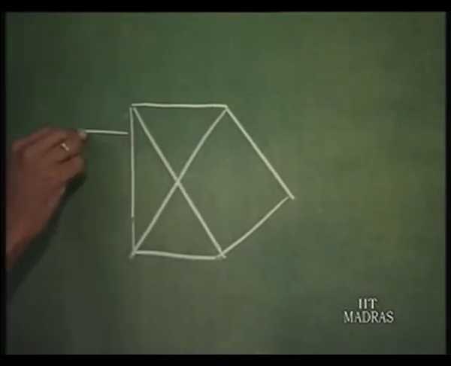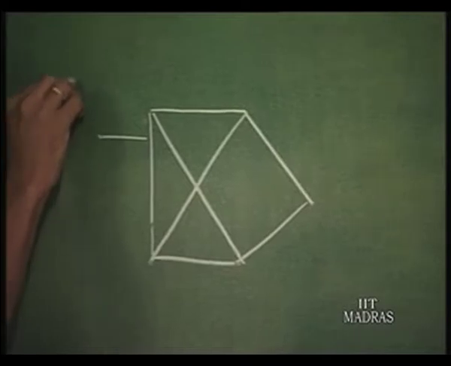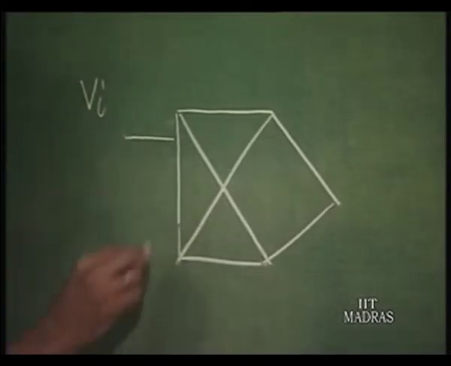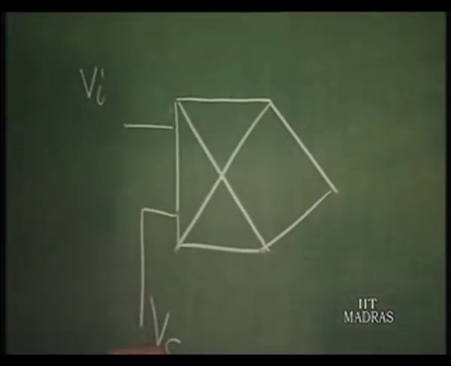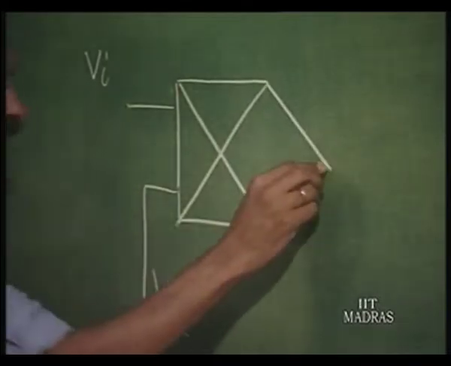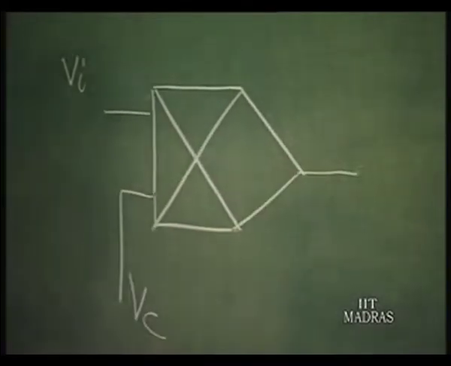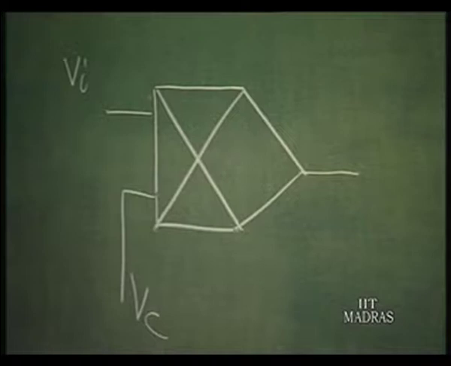What is it? I have Vi applied to Vx, and this is the control voltage. If I ask you to maintain the output constant, you will ask me at what value. I will say at a certain value, 5 volts peak or 10 volts peak. So this is a sine wave.